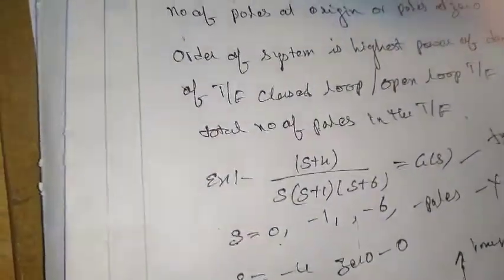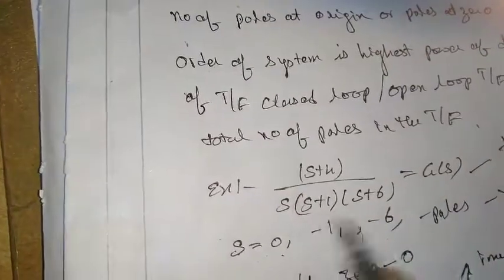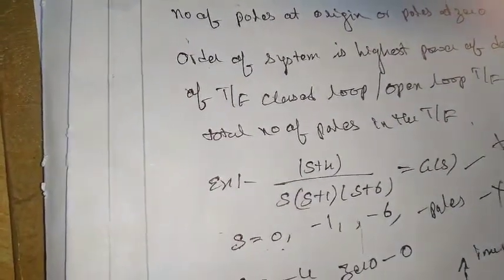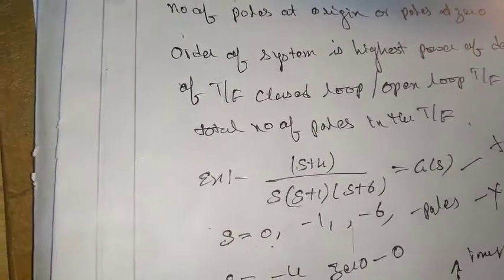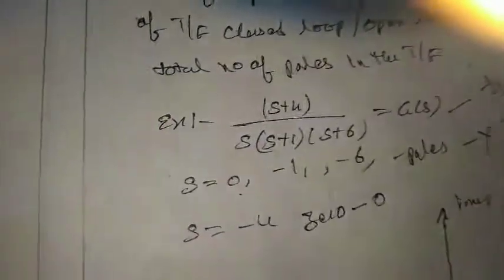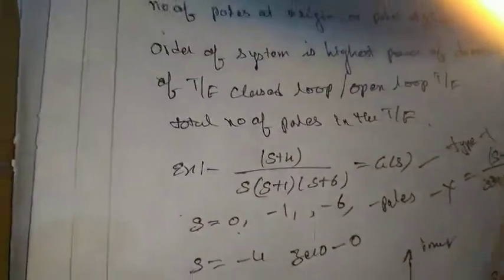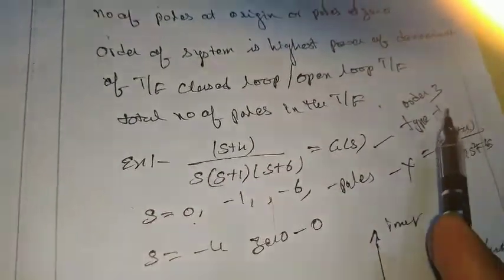If I multiply this out, I get in the denominator s into s square plus 7s plus 6, so I get s cube in the denominator. So my order is 3. The number of poles in the denominator, or highest power of s, will give you the order.